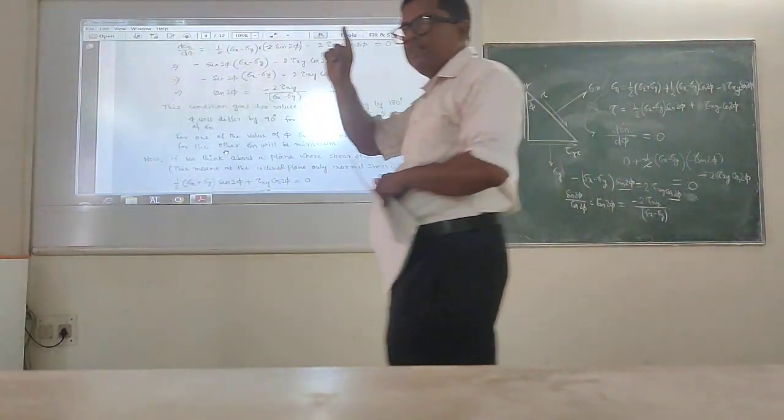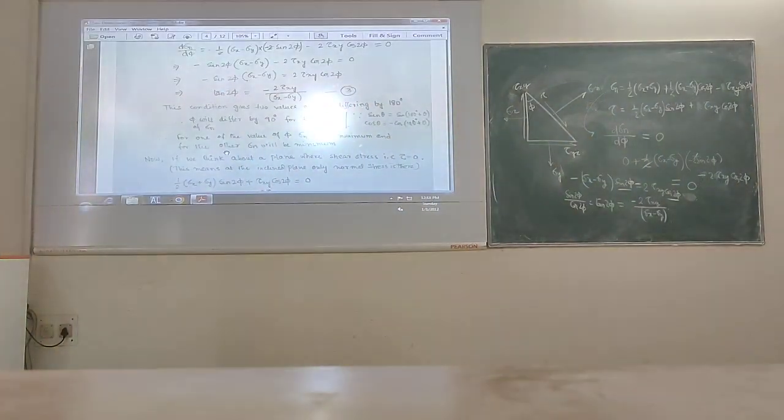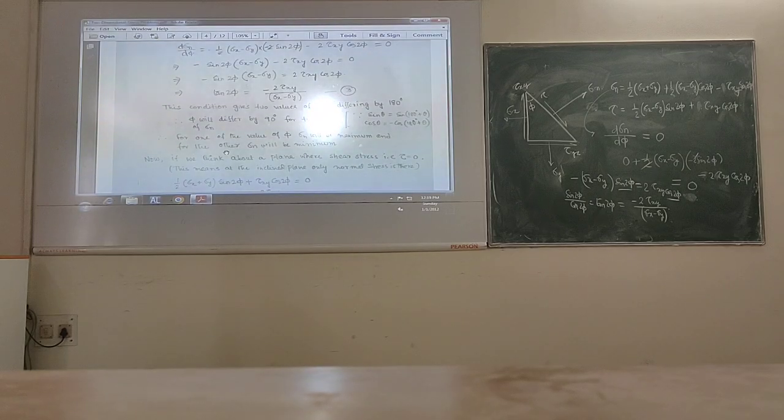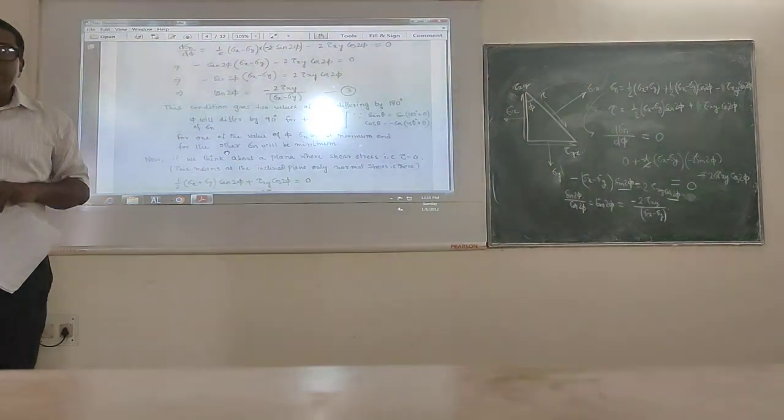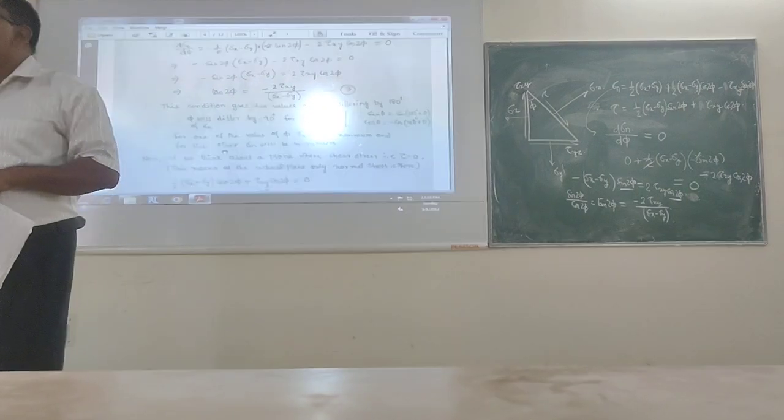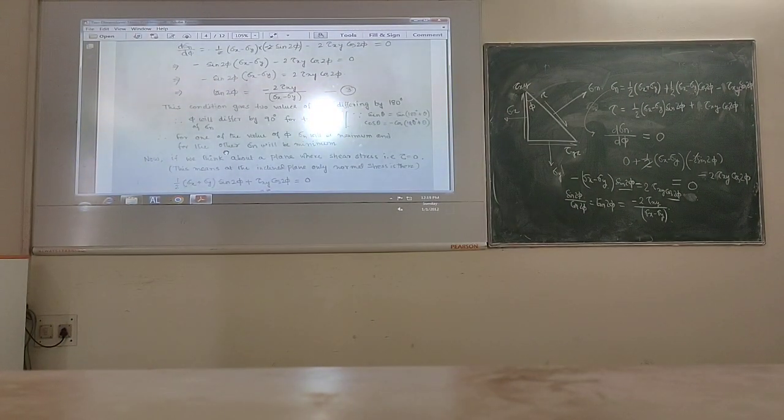One value of 2φ will give you the maximum value of sigma n, and the other value of 2φ, separated by 180 degrees, will give the minimum value of sigma n. So there will be two planes where the 2φ angles are separated by 180 degrees.